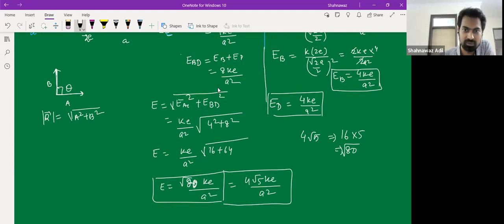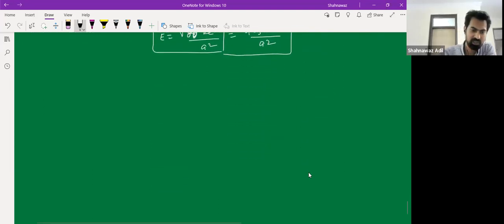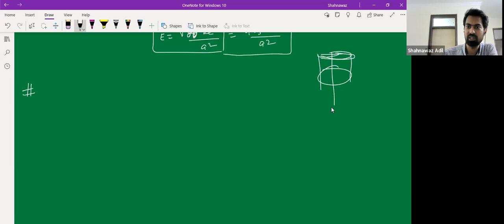Okay, so the next thing is that we have to calculate this. From the Gauss law, let's say this is some cylindrical Gaussian surface, and when we calculated the electric field due to this infinite line charge, the electric field came out to be lambda by 2 pi epsilon naught r.